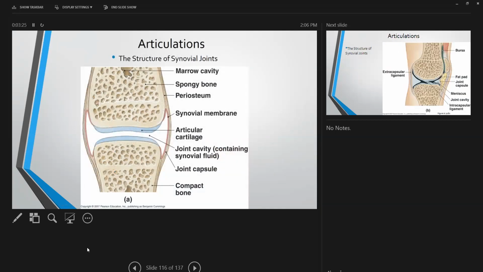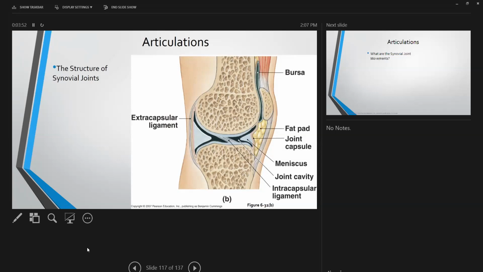When we think about a joint, we usually think about these very movable joints, but we need to realize that there are multiple different types of joints. An articular surface is the site where the cartilages interact and allow for movement. The joint cavity is the synovial fluid containing space between those two surfaces.